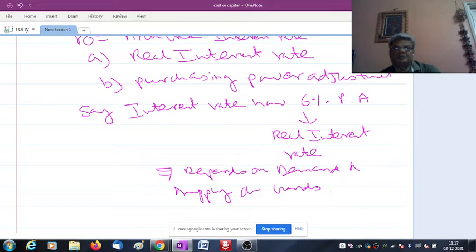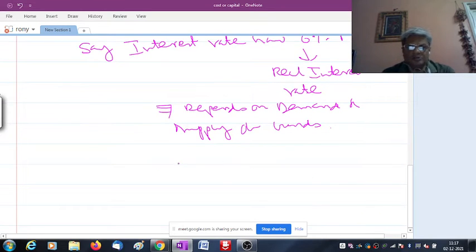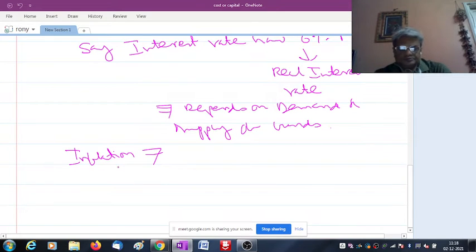Now then comes purchasing power adjustment. You are aware of inflation, isn't it? Your sir has taught you inflation during your first or second semester. So basically inflation, what does it mean? Tell me. Inflation is when the price of goods is increasing, then the demand for goods is decreasing.